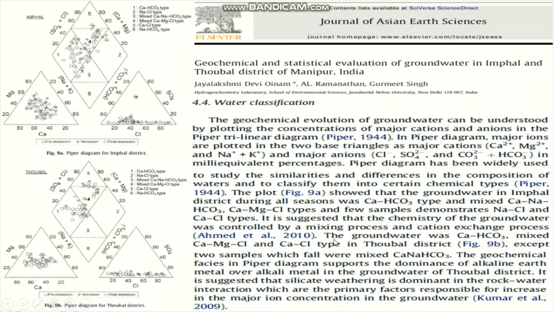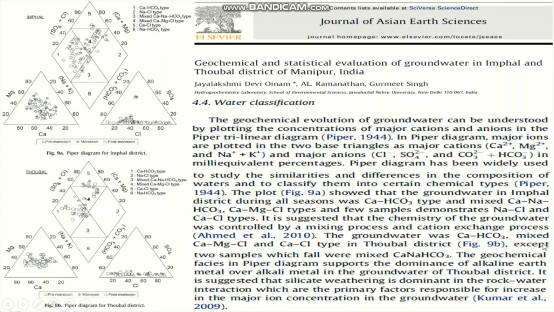Whereas if we see here, the groundwater was CaHCO3, mixed CaMgCl and CaCl type in Tawal district. So what is that here? If you see here, all samples fall under categories 1, 5 and 4. 1 is CaHCO3, 4 is mixed CaMg and Cl type, and then 5 is CaCl type.